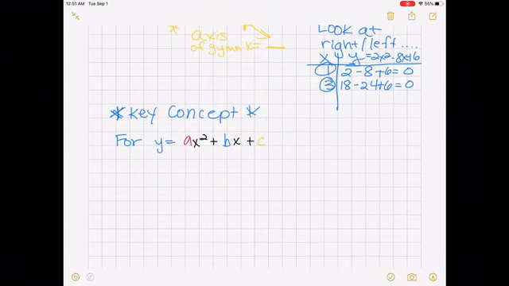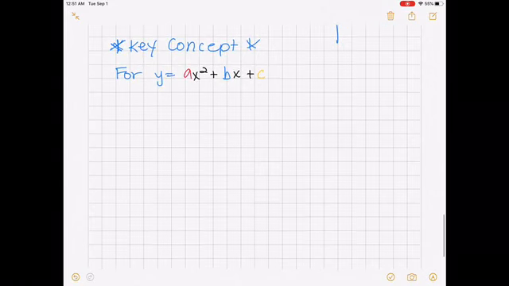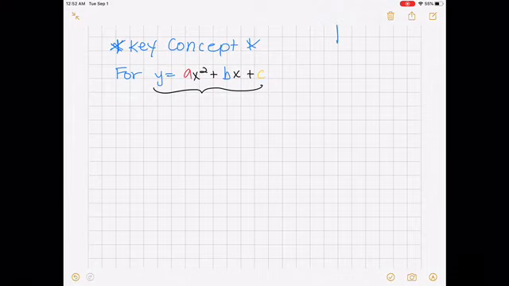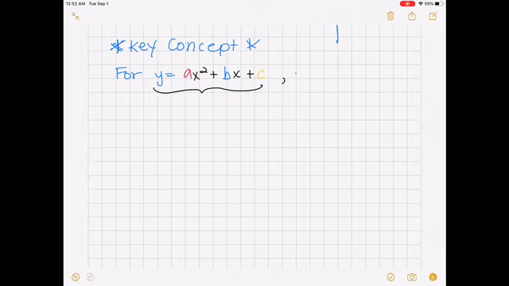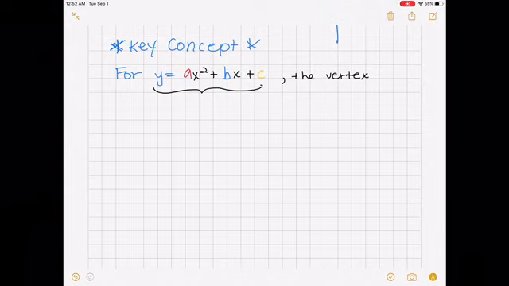Okay, so now here's a key concept. We've been looking at these parabolas. We've been able to identify the different parts of them. We know there's a vertex and that there's symmetry. Okay, so here's a key concept. For the parabola in standard form, y equals ax squared plus bx plus c, we know that it has a vertex, right? Well, we've been talking a lot about the x value of the vertex, but the vertex has a y-coordinate.